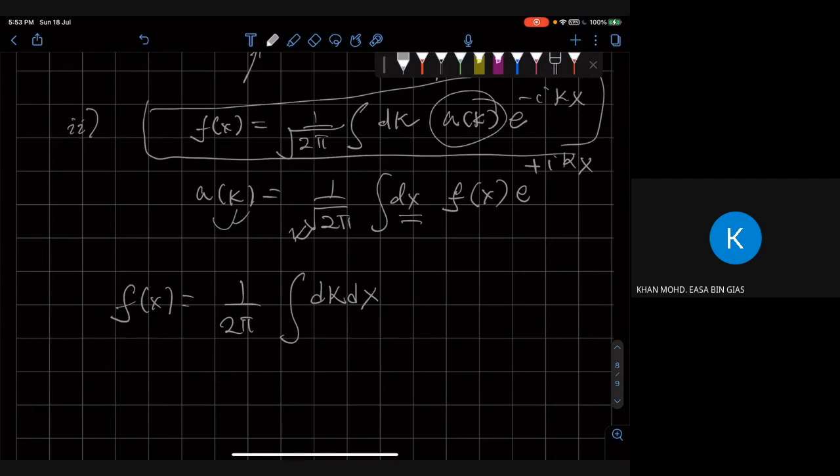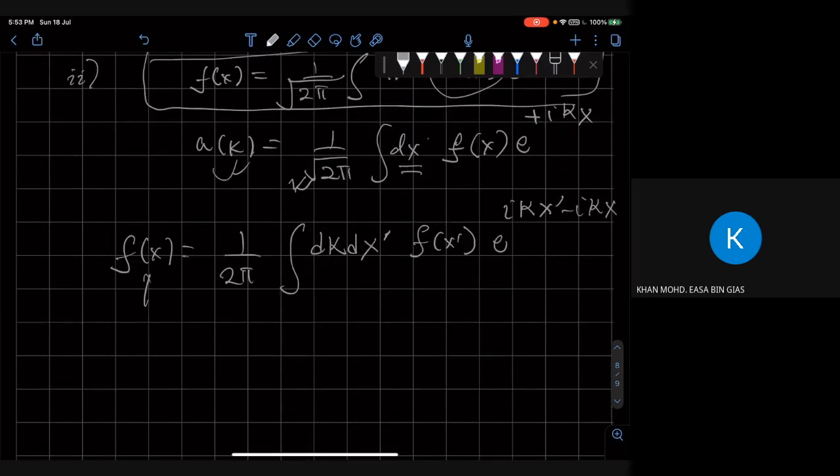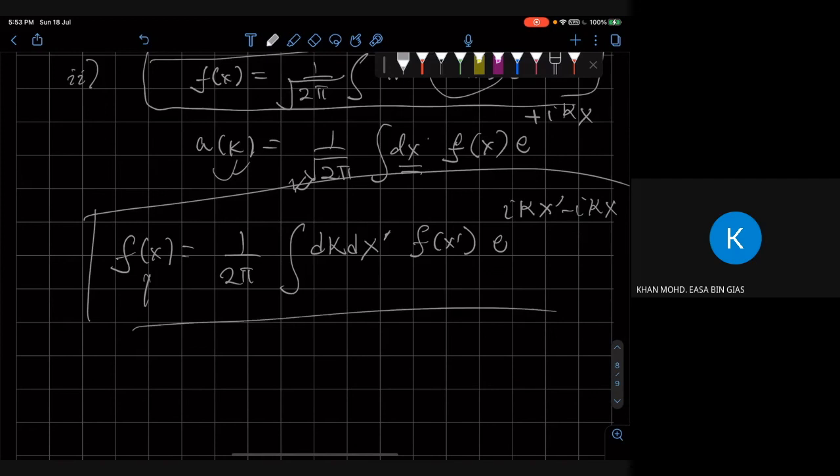But we don't get dx because this is a dummy variable, so I have to use x prime here, right? Because I'm integrating over x, and here I have x, so it has to be x prime. And therefore, we have f of x prime, and we're going to get e to the power plus i k x prime, and we had before minus i k x. And that's exactly what I want you to derive.